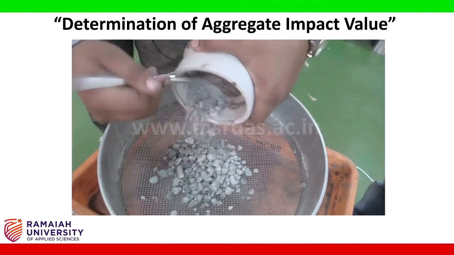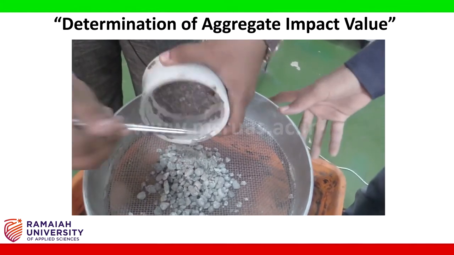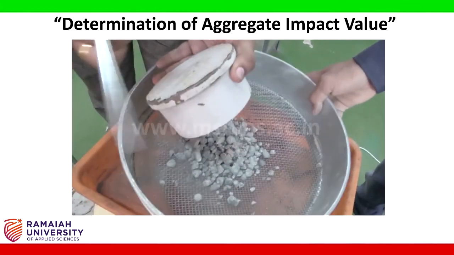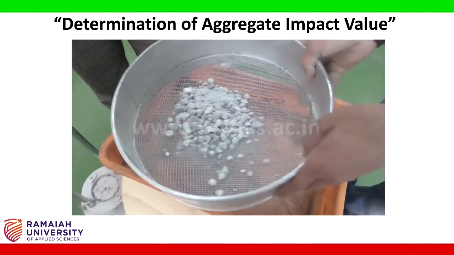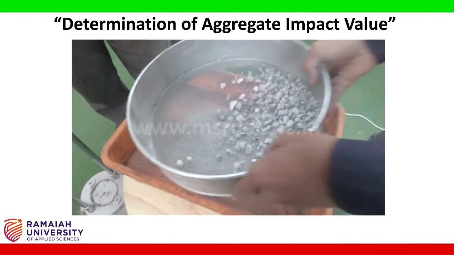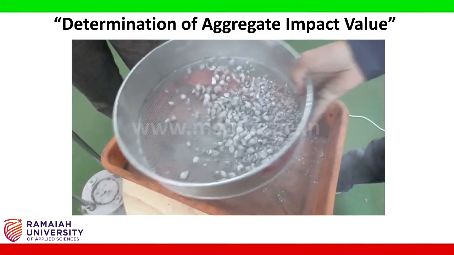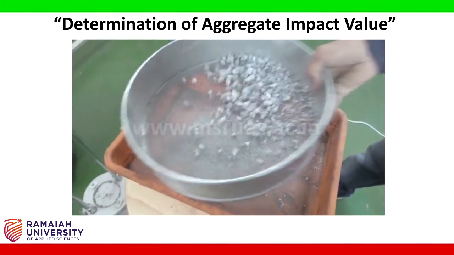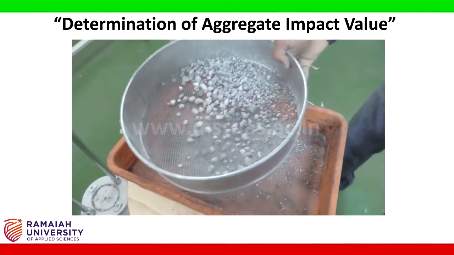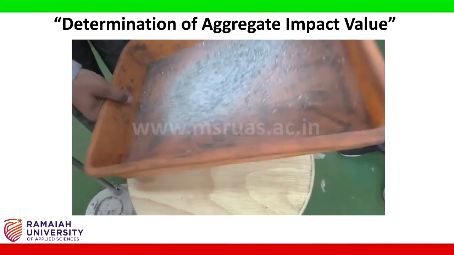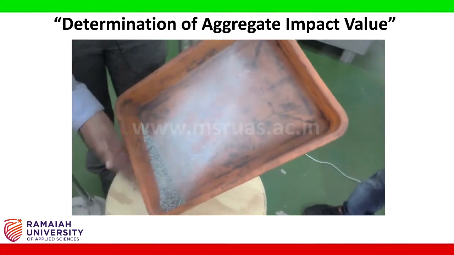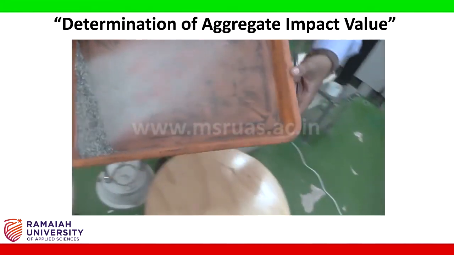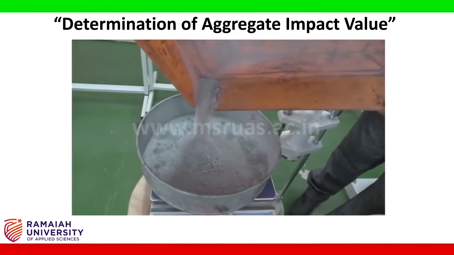Make sure that all the particles in the testing cylinder are taken out, and sieve this. After this, note down the weight of aggregate which is passing the 2.36 mm sieve.